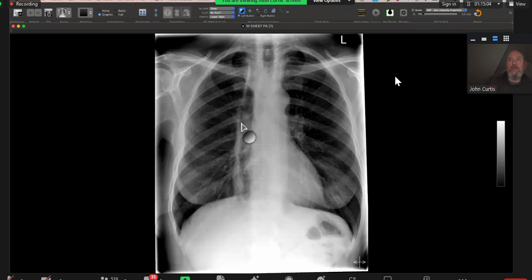If that's not the esophagus, what else could it be? So it could be somewhere in the posterior mediastinum. Okay, don't worry. I'll go on to the next case.